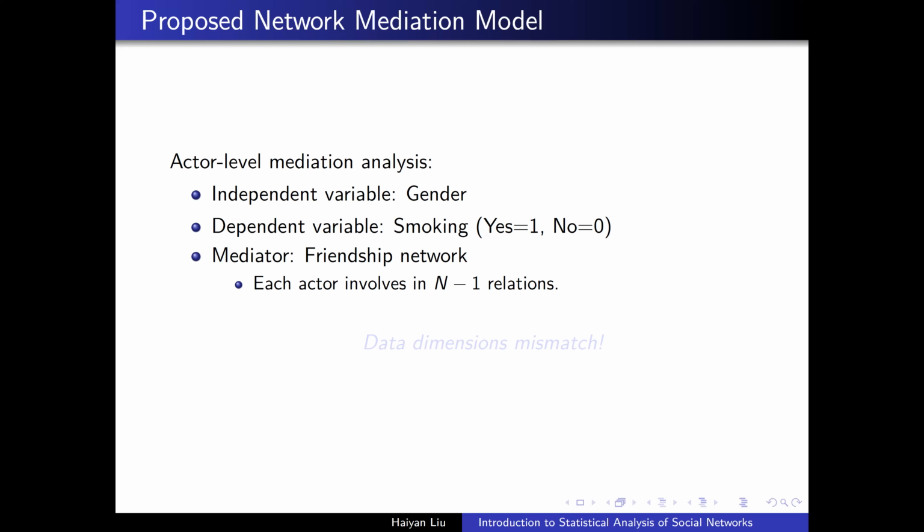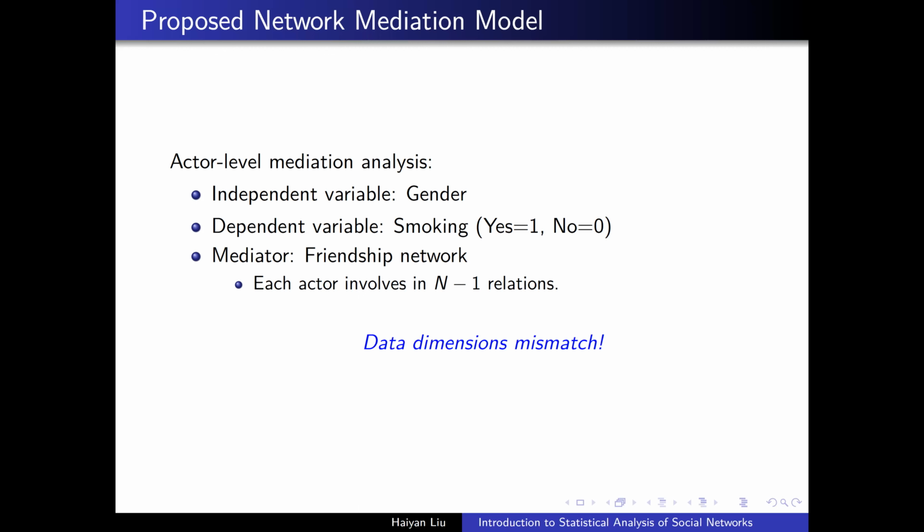Now, simply we can notice that the data dimensions mismatch. The mediator network and the gender and the smoking do not share the same dimension. The mediator has a much higher dimension than gender and smoking.